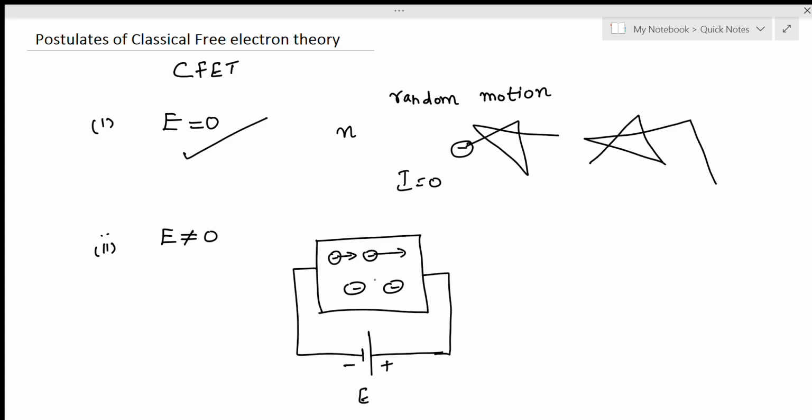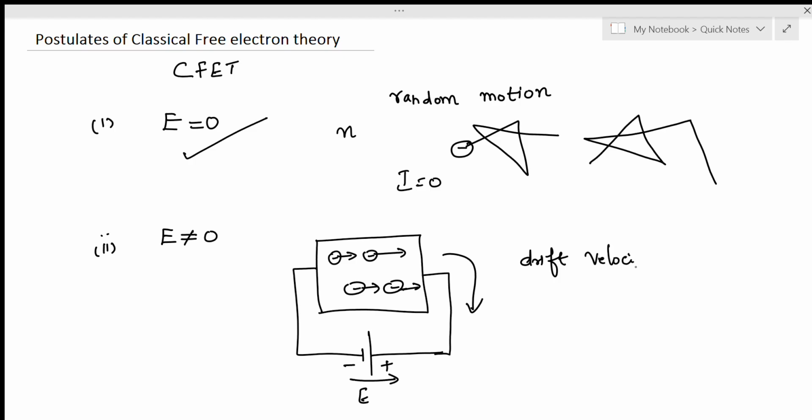In one direction, they will move, that too in the opposite direction of the applied field. That is, it tends to move towards the positive terminal. So this motion is called as drift motion, and the velocity is called as drift velocity.